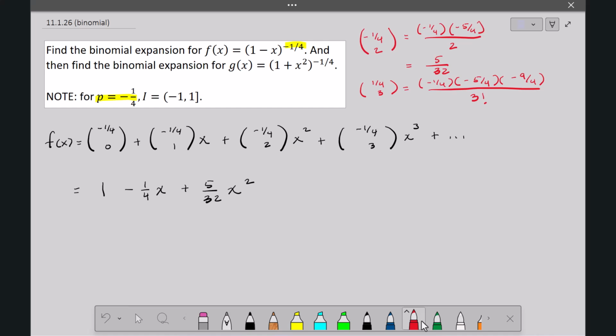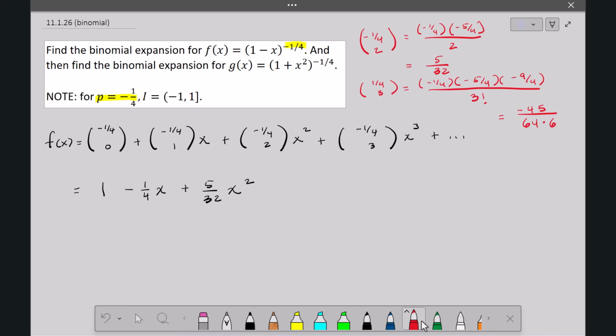So let's see what this is going to simplify to. We are going to multiply the numerator together and then divide by 6. So in the numerator, we're going to end up with a negative number. We will end up with negative 45 divided by 4 times 4, which is 16 times 4, which is 64. And then we're dividing by 6, which is the same thing as multiplying the denominator by 6.